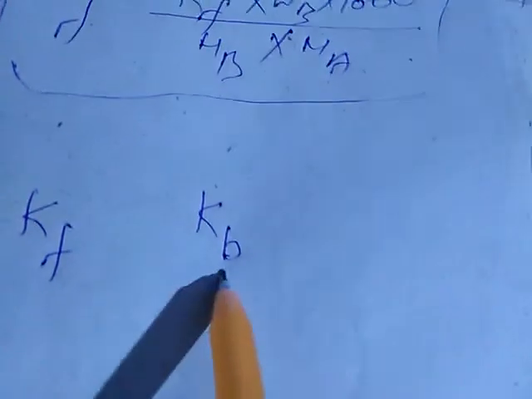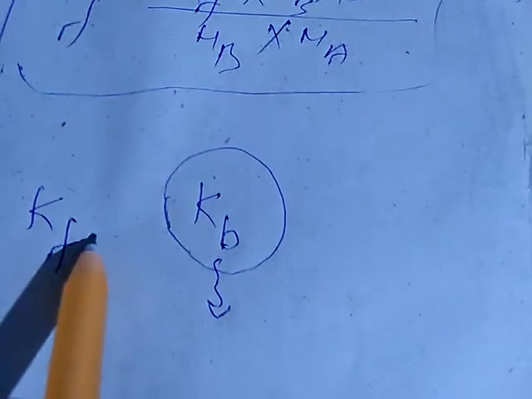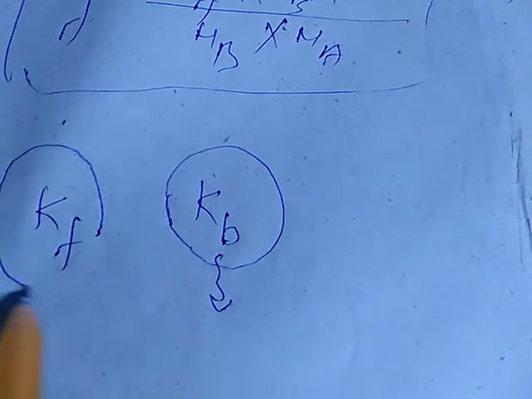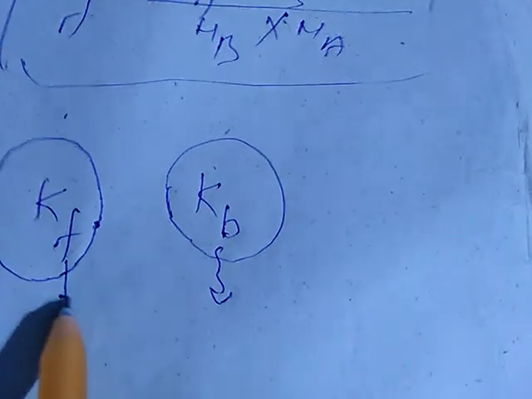Now lastly, Kf, which is the molar depression constant, and Kb, which is the molar elevation constant. In the case of elevation of boiling point, this constant term came, and in the case of depression in freezing point, this constant term came.